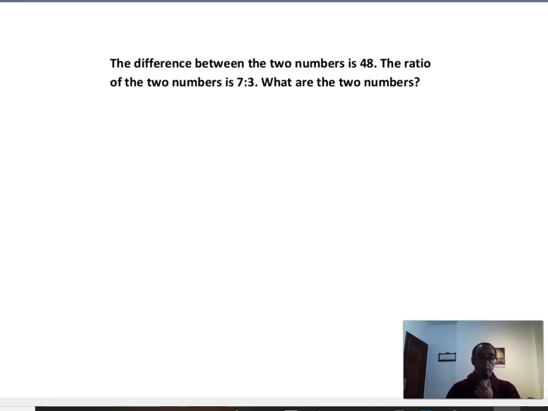That means if we call x the smallest number, the other number must be x plus 48, because the difference is 48. The greatest one will be x plus 48.